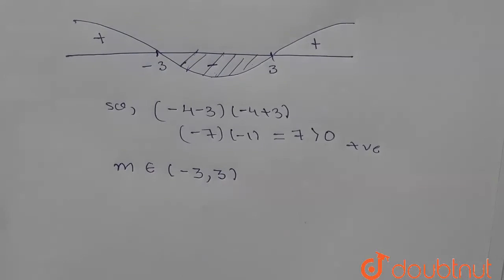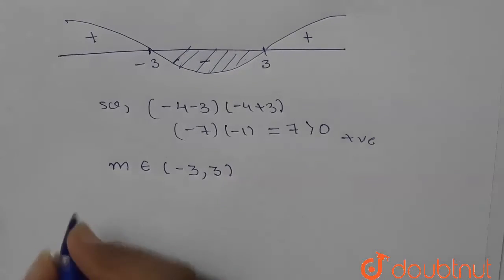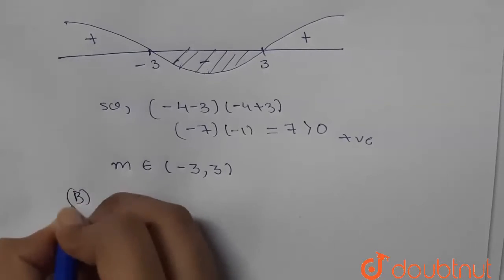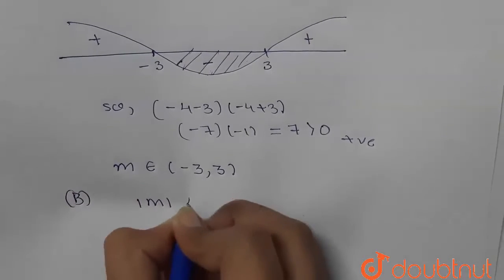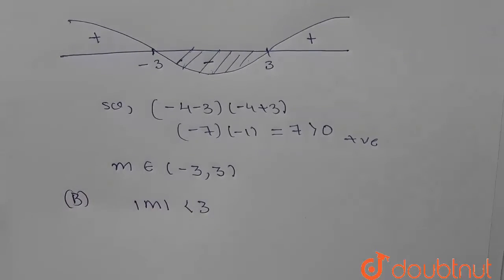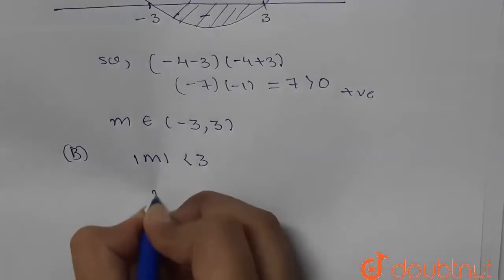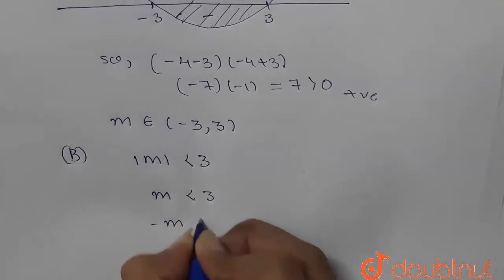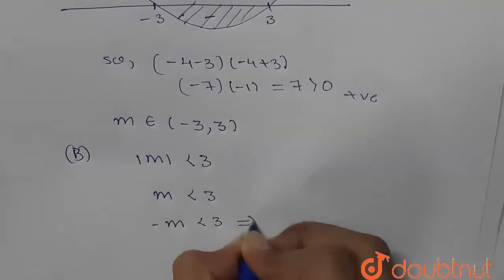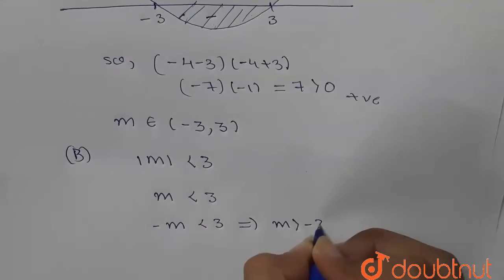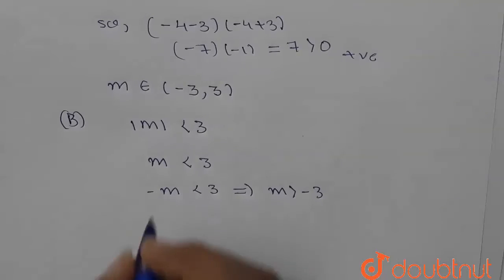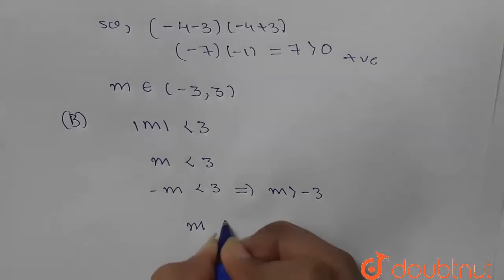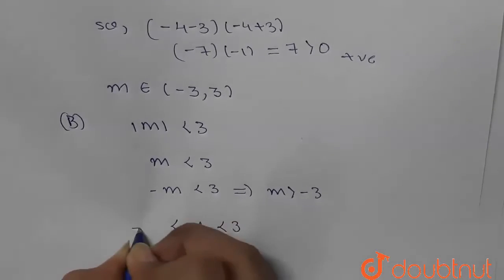Now if we see the options, option number B is mod of m less than 3. That means when m is positive, it will be less than 3, and when we open it with negative, that means minus m less than 3, which implies m will be greater than minus 3. So we are getting the interval as m less than 3 and m greater than minus 3.